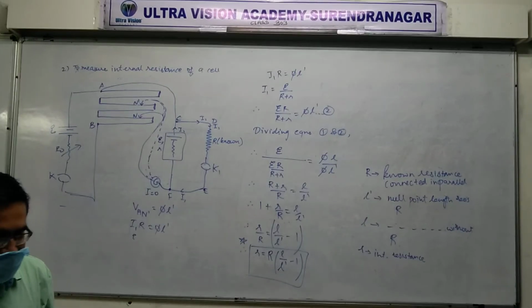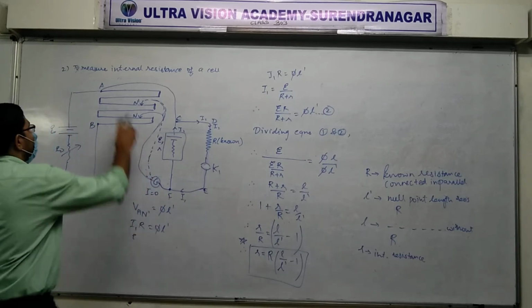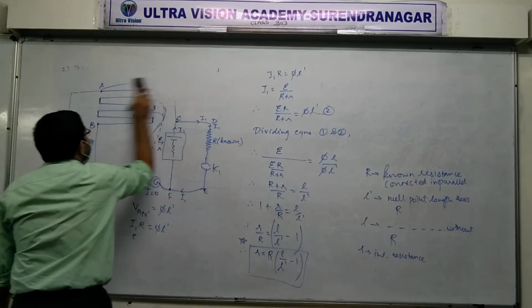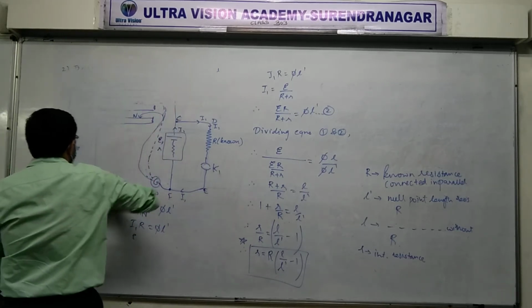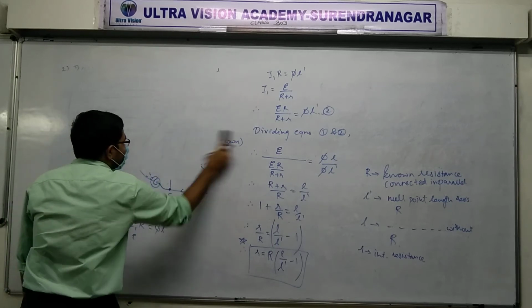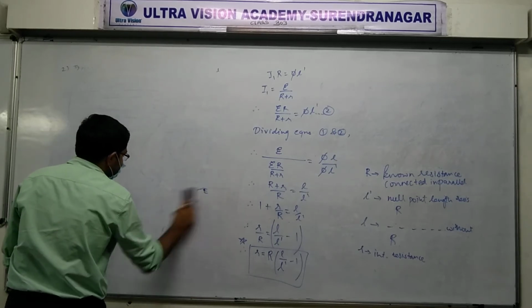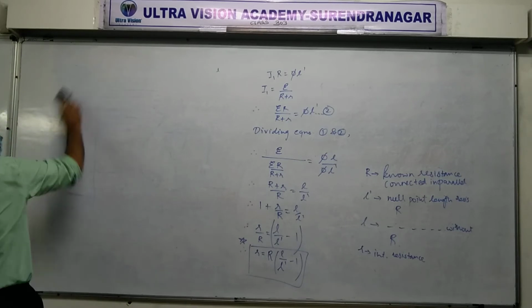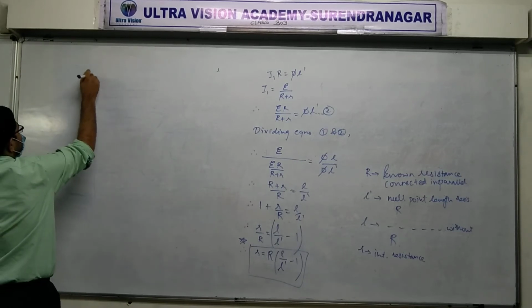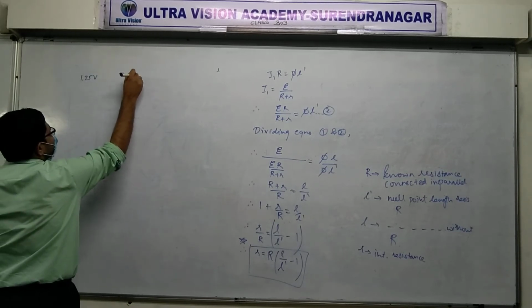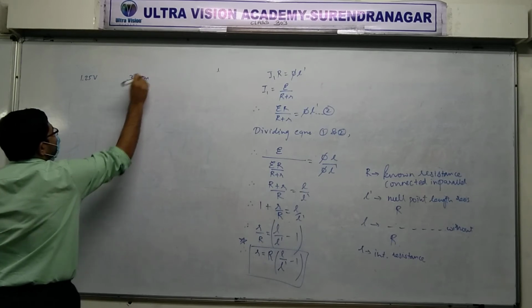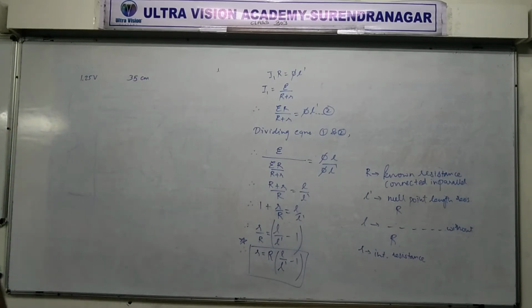What is the meaning of this sentence? When we connect a cell of 1.25 volt, we find the null point or balance point at 35 centimeter. Okay, read ahead.